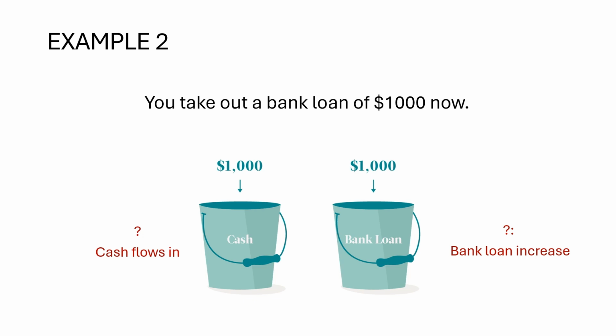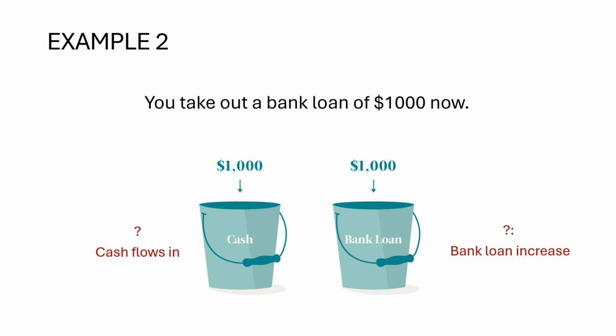In this example, the business received 1,000 cash because of this loan, and at the same time, the business has a new liability. This means one asset, cash, increases, therefore it's going into your bucket. One asset increase should be on the debit side.